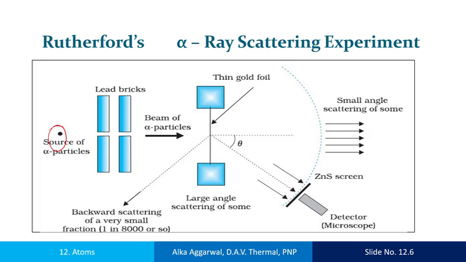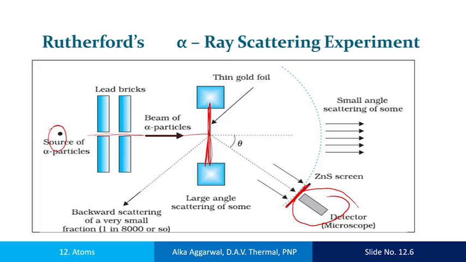This is the lead cavity. It is a hole through which the beam of alpha particles comes out, hits the gold foil, and is scattered at different angles. It is a movable detector along with the zinc sulfide screen and the microscope. When the scattered particle hits the zinc sulfide screen, it produces a spot of light called a scintillation.